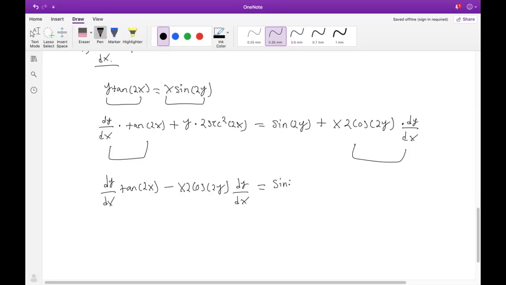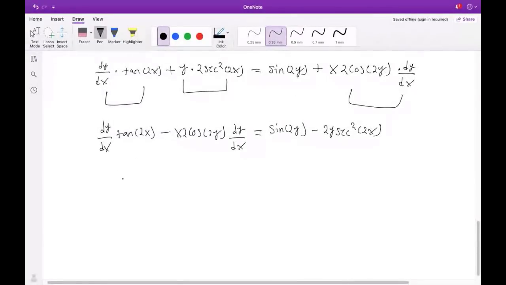So sine of 2y stays there, and subtract over this y 2 secant squared of 2x. So minus 2y secant squared of 2x.